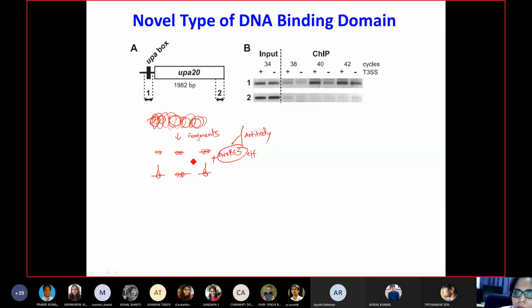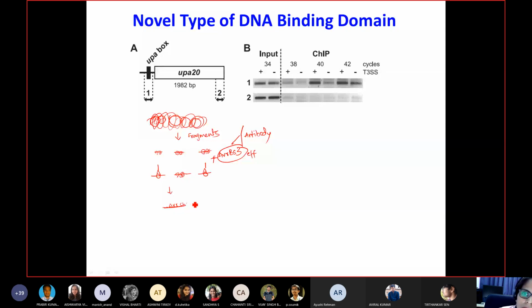So once you have the antibody, you can precipitate all the proteins which are binding to your chromatin, and that means it will carry further your AVR protein, and then your chromatin region also. So you are bringing down the chromatin portion.